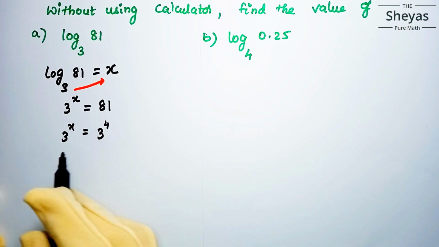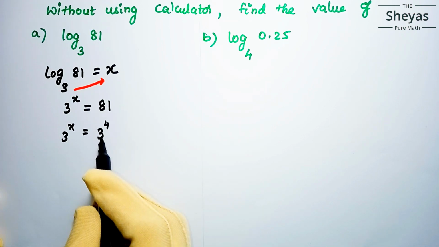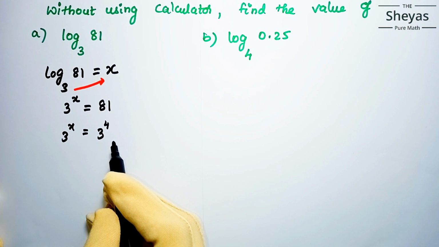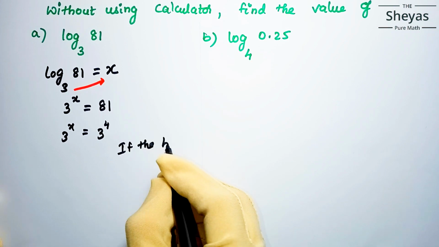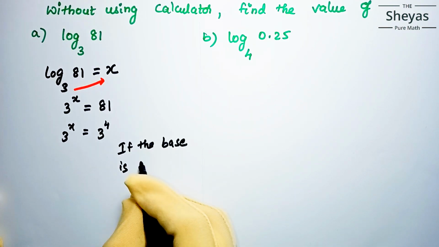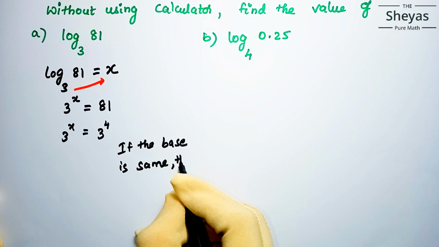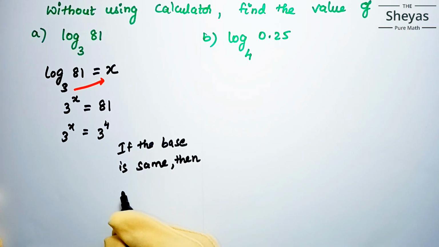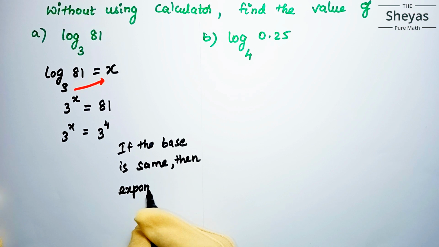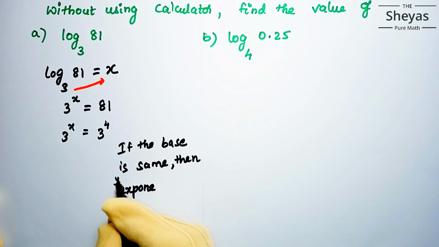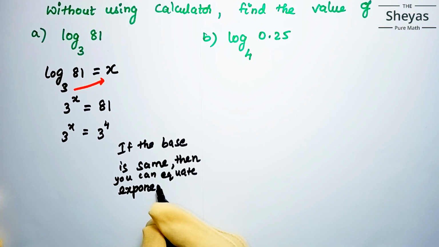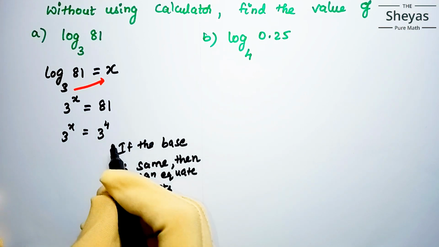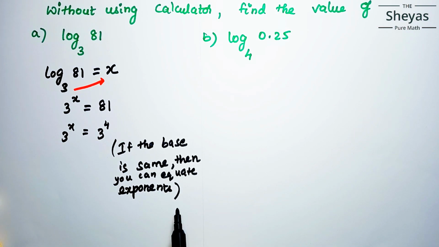Now you know that if the base is the same, then you can equate the exponents. Keep this in mind. If the base is the same, then you can equate the exponents. This is the rule we are going to apply in all these problems.